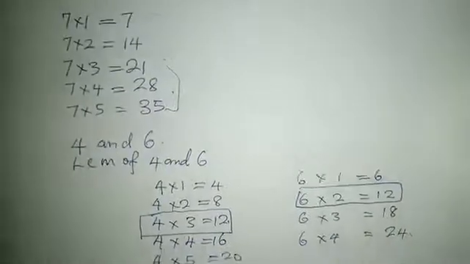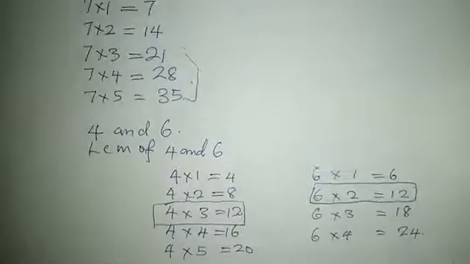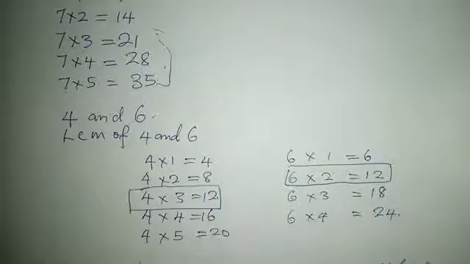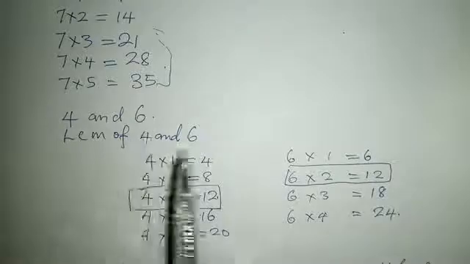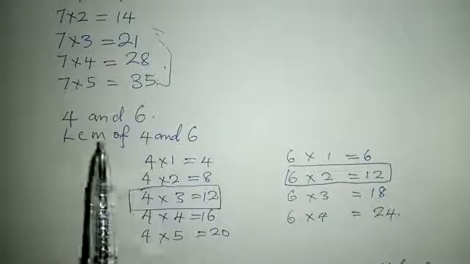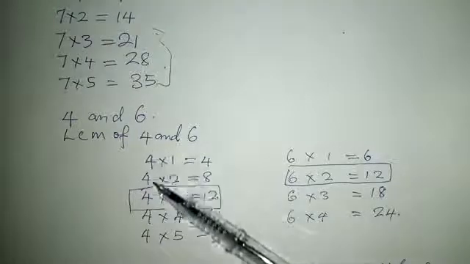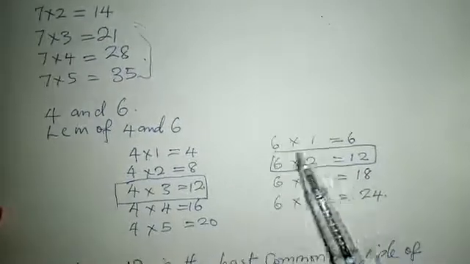Then I went forward to say that when we talk about common, it means that two numbers are involved. So when we bring 4 and 6, we want to find their multiples. We get the multiples of 4 and then the multiples of 6.